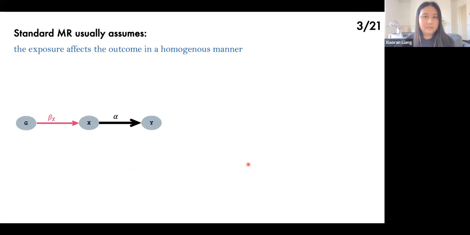Okay, so in standard MR studies, it is usually assumed that the exposure affects the outcome in a homogeneous manner.